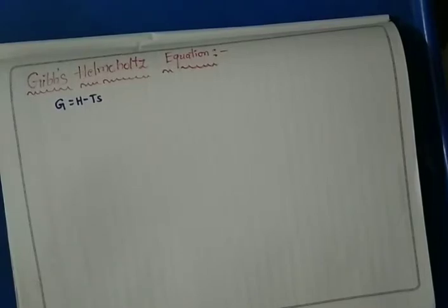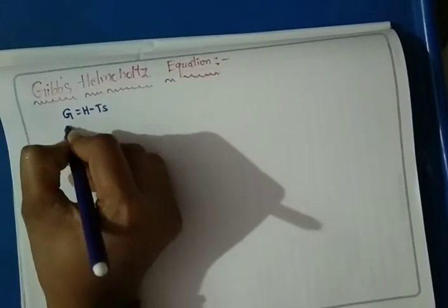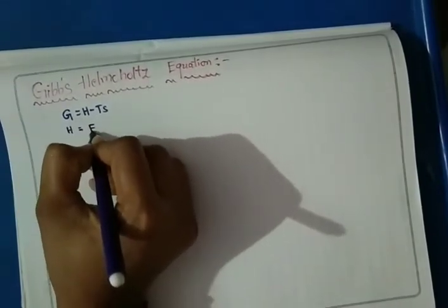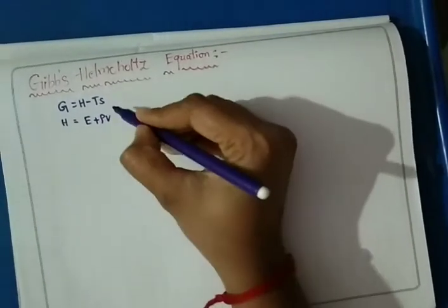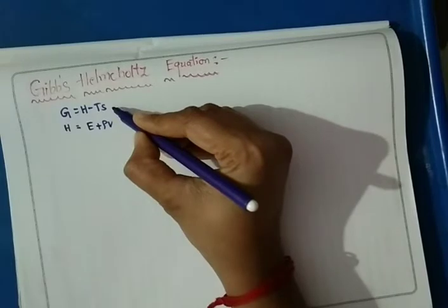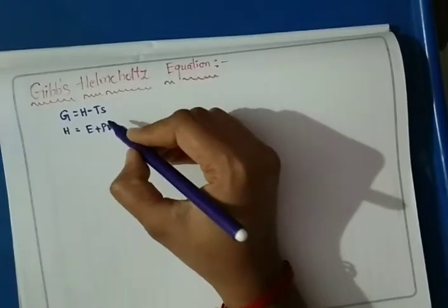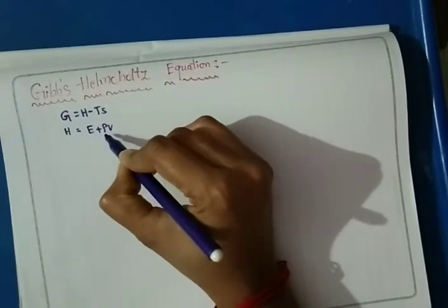But enthalpy H is equal to E plus PV. So this is the Gibbs free energy principle: G is equal to H minus TS, but enthalpy H is equal to E plus PV.